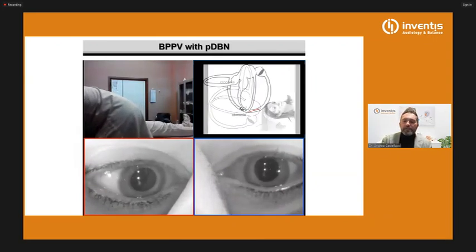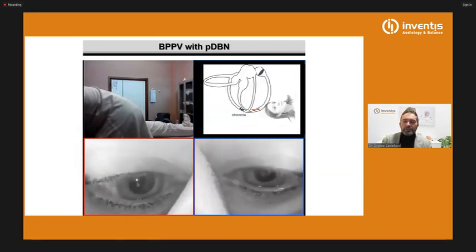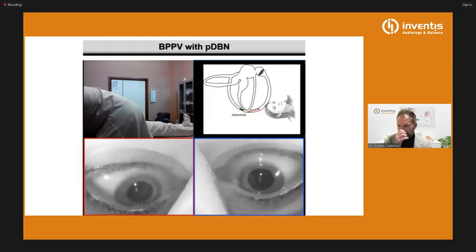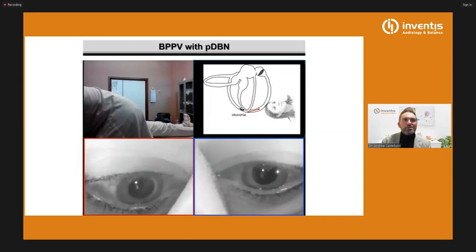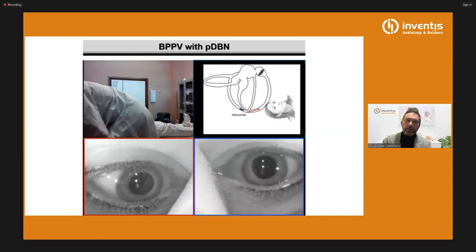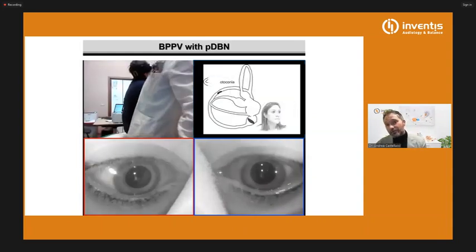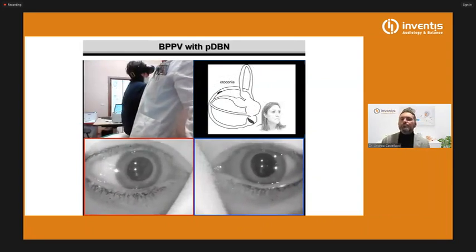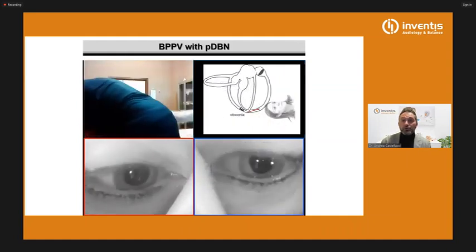This is another similar case. One of the methods that we have to see if it's a right apogeotropic posterior canal BPPV or a contralateral anterior canal BPPV is to see what happens if we start to perform a repositioning maneuver.